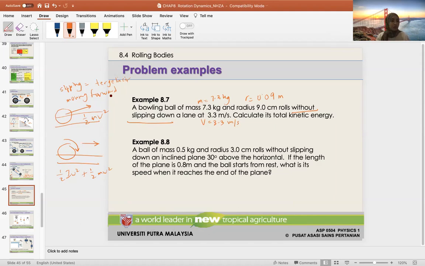When it is rolling without slipping and also moving forward, you have both terms: rotating and moving forward. So now it says without slipping down a lane, so we have both terms lah. That is 1/2 mv squared plus 1/2 I omega squared.